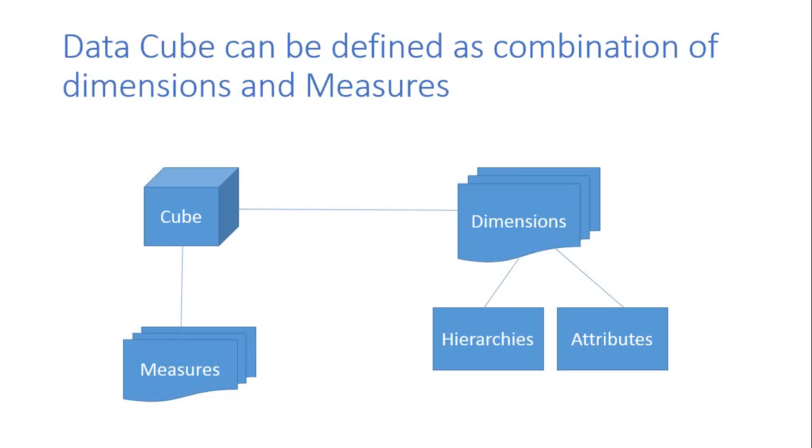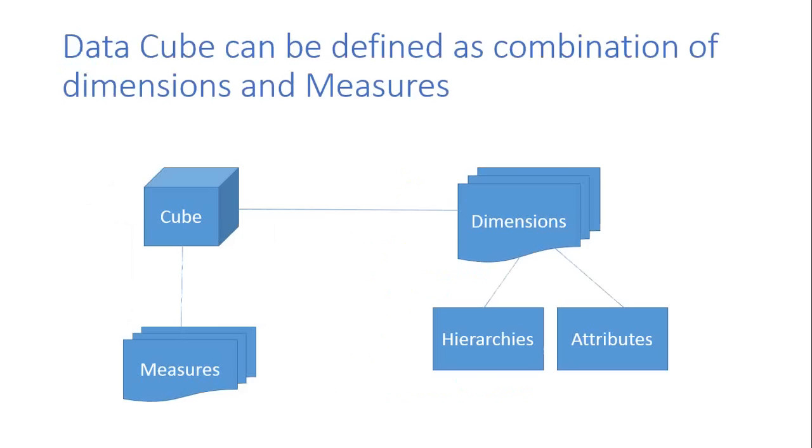If we can arrange the attributes which are related in a way that we can traverse up and down the attribute list, it's called a hierarchy. For example, going back to year as a dimension, if we have year, quarter, month, week and day, then it becomes a hierarchy. Similarly, we have geographies where we have country, state, city, villages, districts, talukas for people who are familiar with the government, and so on and so forth.